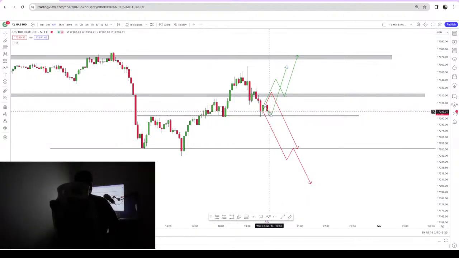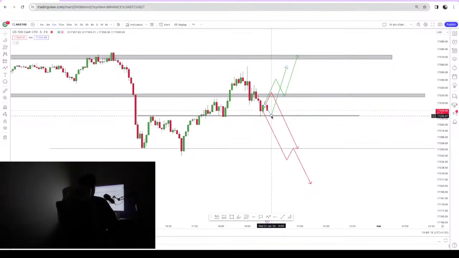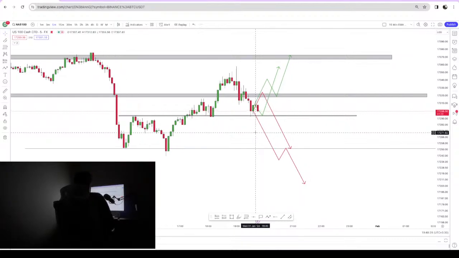If this one, this green candle, sorry, this green pattern which I have drawn here, and I have told you why I am thinking to take this one.